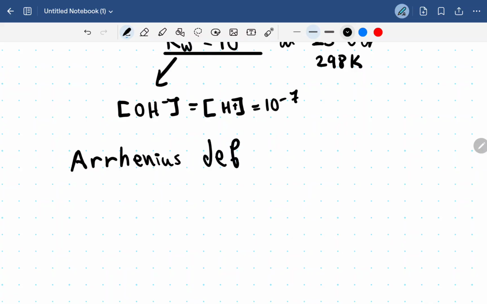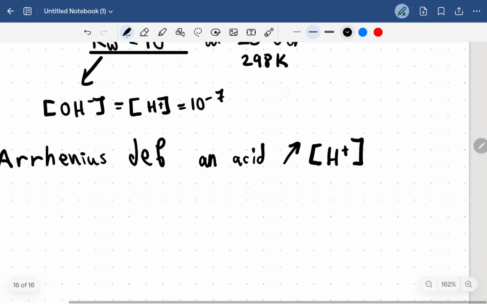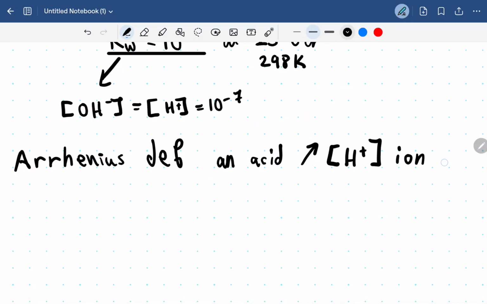This one tells us that an acid is anything that increases the concentration of H plus ions in water. That's this guy's definition. Do you need to memorize the guy's name? Probably not, but just in case, memorize it. And a base is the exact same, but increases OH ions.